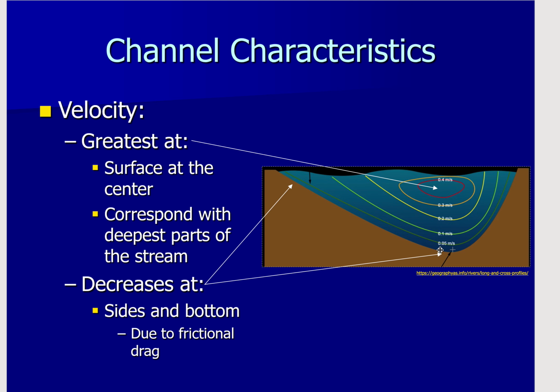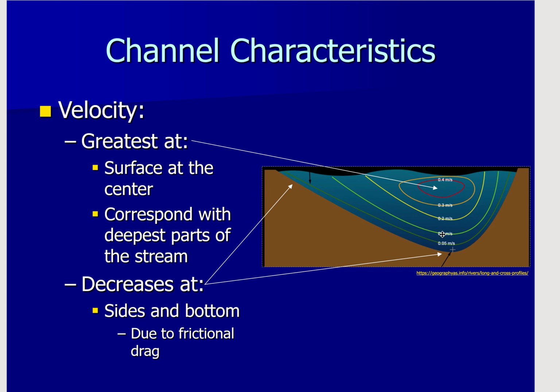So here I've got a velocity of 0.05 meters per second. As I move higher away from the bottom of the river, my velocity increases to 0.1 meters per second, and then 0.2 meters per second, or if you will, 2 feet per second, in this zone right here.